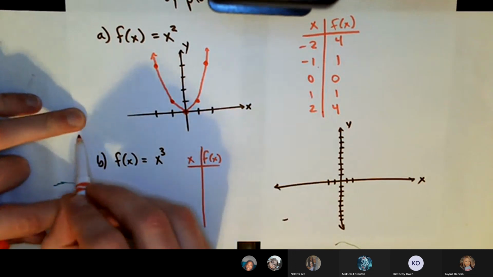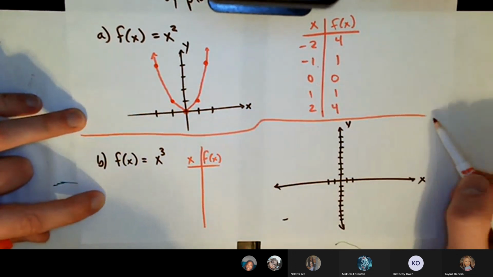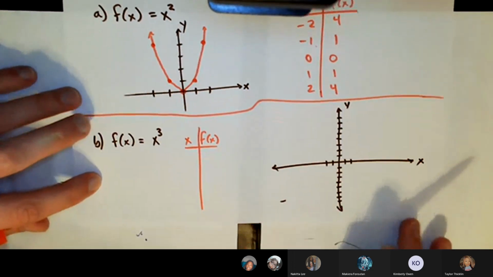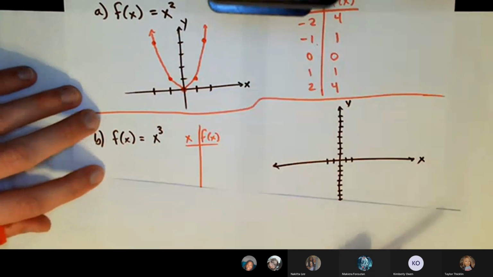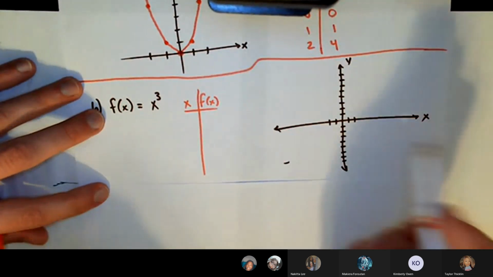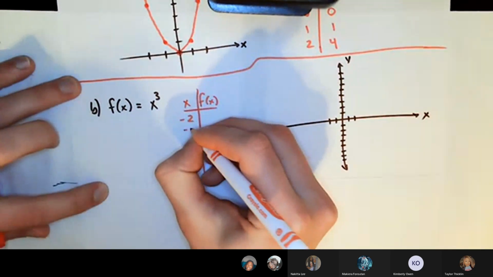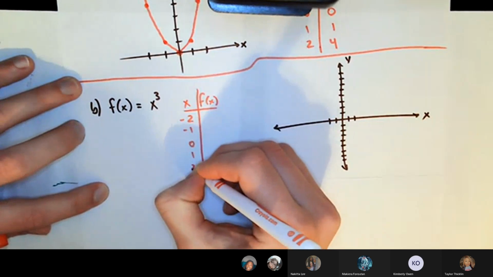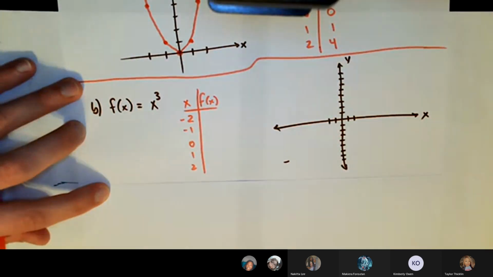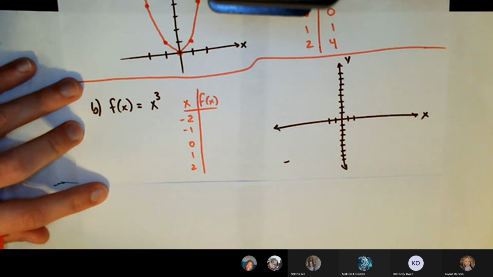So this is a completely separate function here. So let's pick the same numbers, -2, -1, 0, 1, and 2. Okay. Now, Aviana, what would -2 cubed be?